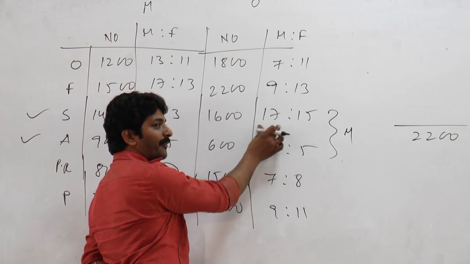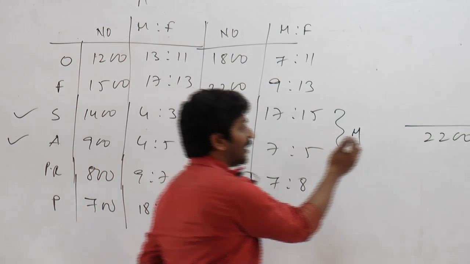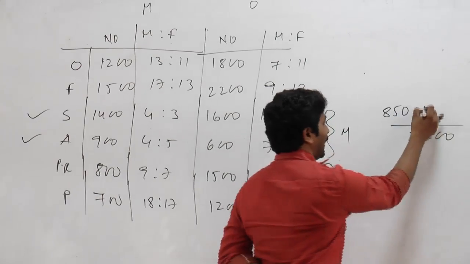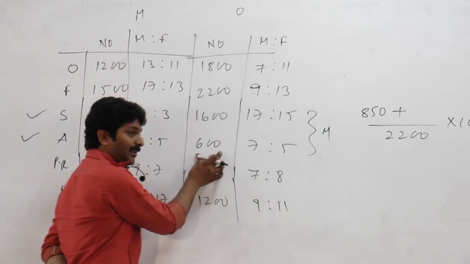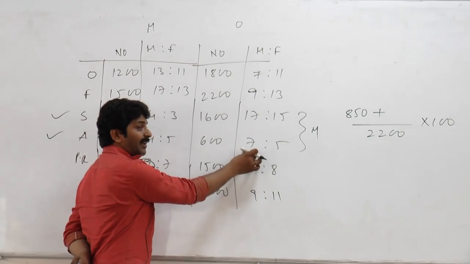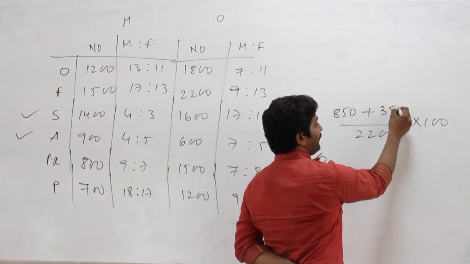Male 17 parts. Half of 17? 8 and a half. Into 100? 850. And how many parts we have? 12. Into 50? 7. Into 50? 350. 850 plus 350, 1200.